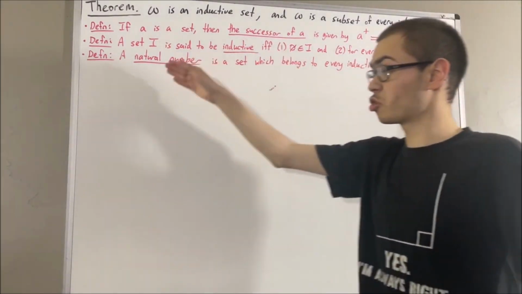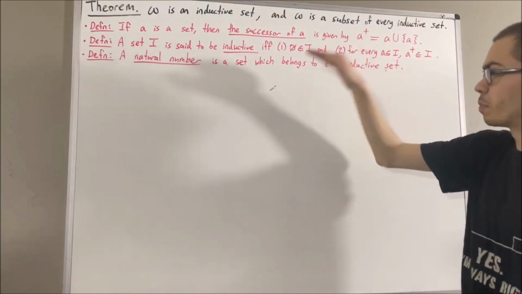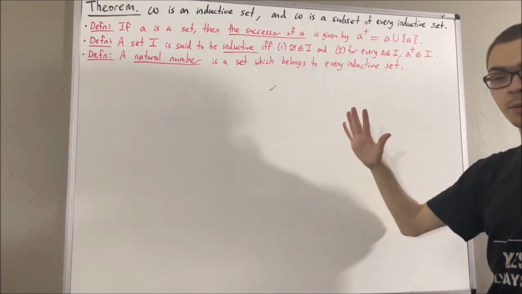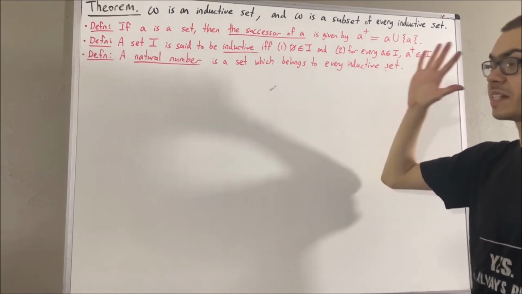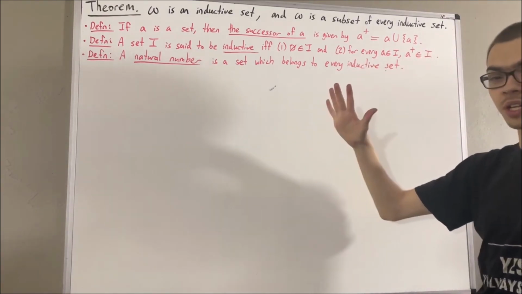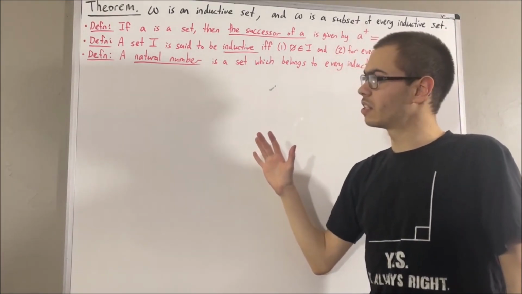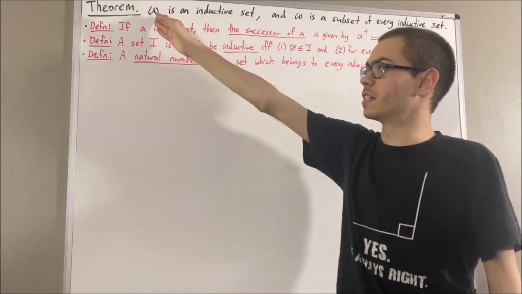And a natural number is a set which belongs to every inductive set. And now, at this point, we have proven that there exists a set whose members are exactly the natural numbers. And the symbol we give for that set is omega.